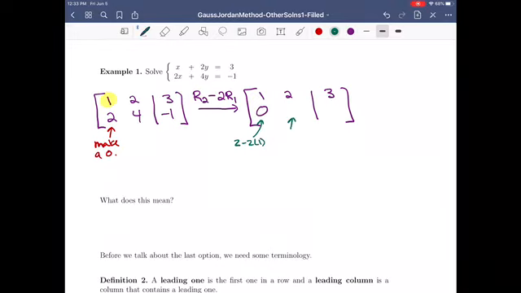In the next entry, I had a 4, and I'm subtracting 2 times the 2 above it. So I get 4 minus 4, which is also a 0. In the last spot, I have -1 minus 2 times the 3 above it, so I get -1 minus 6, which is -7.